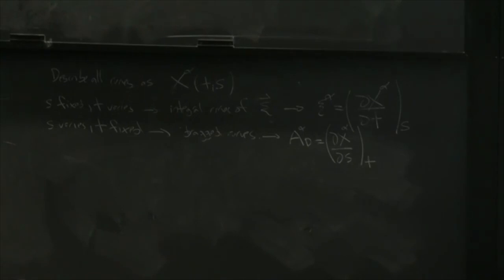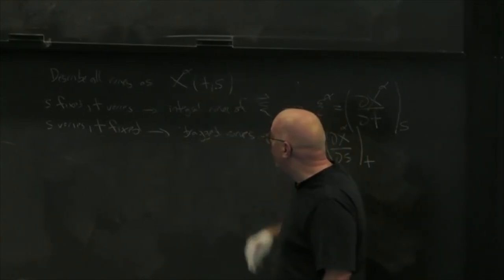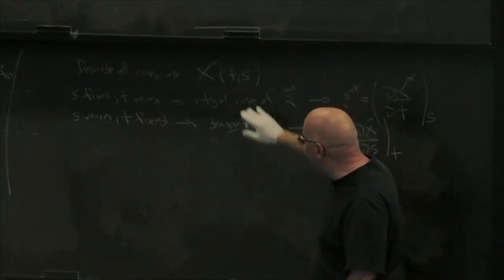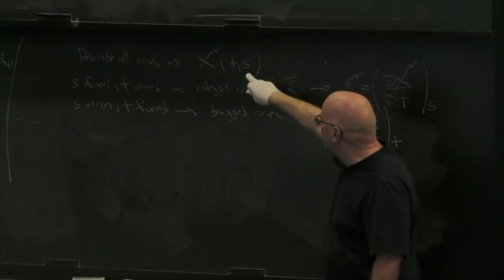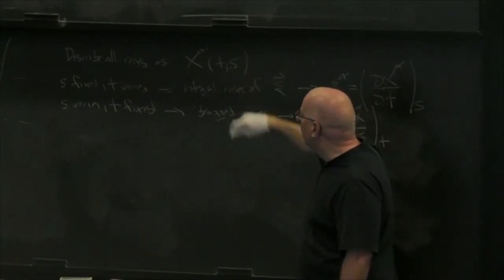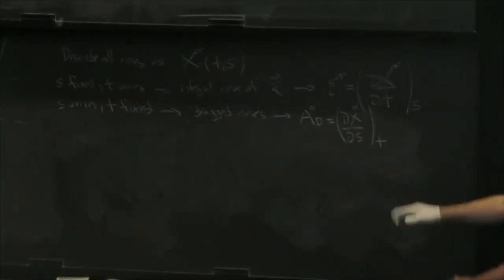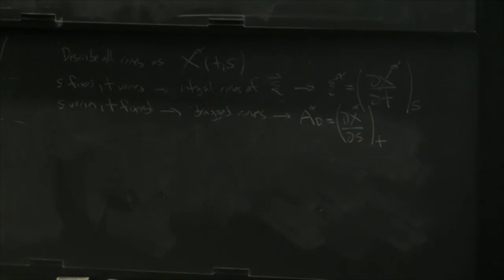All right, so basically two sets of curves, and we describe them in one go in terms of that two-parameter family of functions. And either we vary t and keep s fixed, or we do the opposite, and then we get the different curves, and the tangents to those are going to be our vector fields that we defined in the beginning.